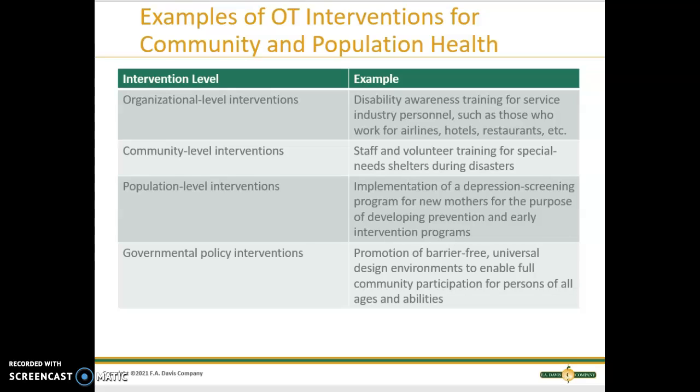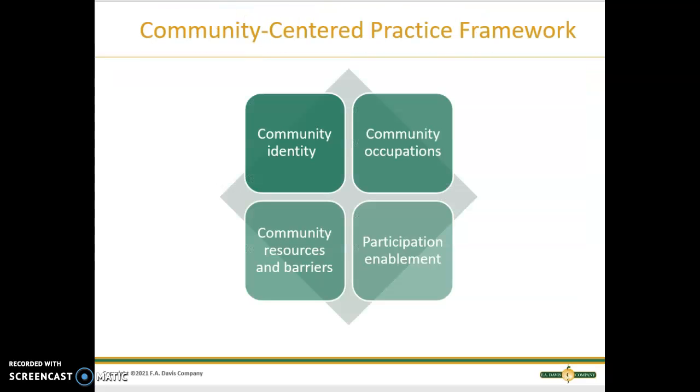A population-level intervention may include the implementation of a depression screening program for new mothers for the purpose of developing prevention and early intervention programs. And then governmental policy interventions may include the promotion of barrier-free universal design environments to enable full community participation for persons of all ages and abilities.